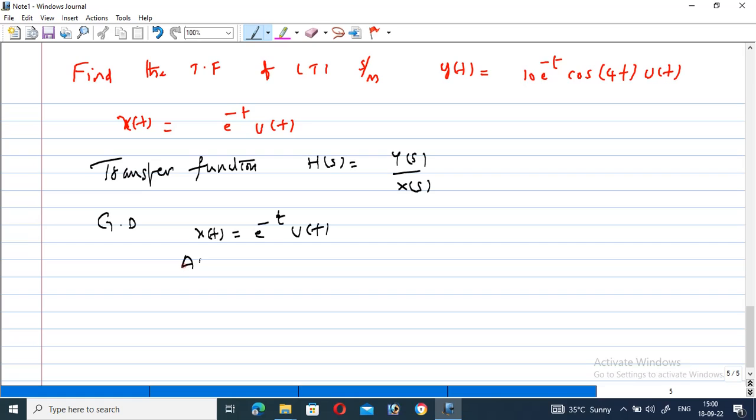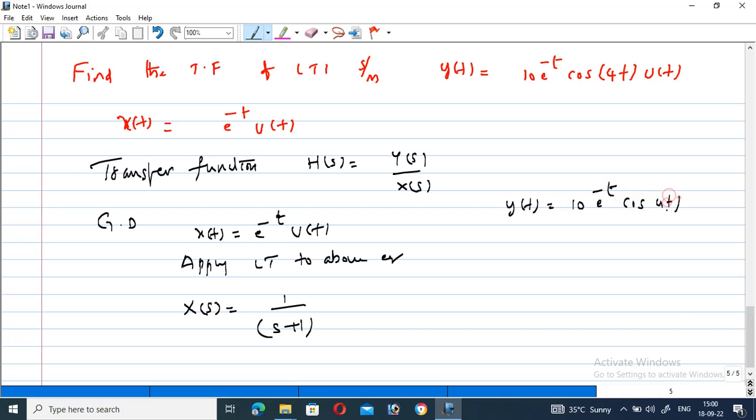Now apply the Laplace transform to the above equation. What we are getting, X of s is equal to 1 by s plus 1, right? Then at the same time y of t is equal to 10 into e power minus t into cos 4t into u of t, right?